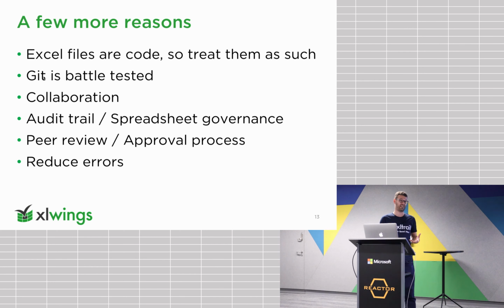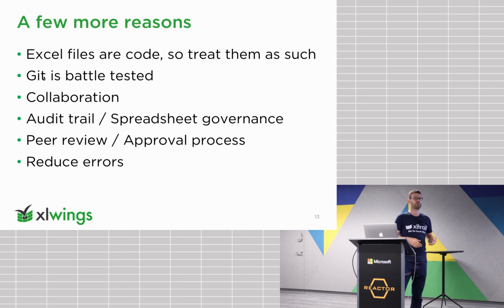Then using Git is probably an easy decision these days. It's just that everybody is using Git. Well, except for those who are using SVN or maybe Perforce. But let's say for smaller companies, most of them are on Git by now, I guess. It's battle tested. The Windows source code, the Linux source code, they are all managed by Git, so it does work. It's also a great way to collaborate with multiple users.